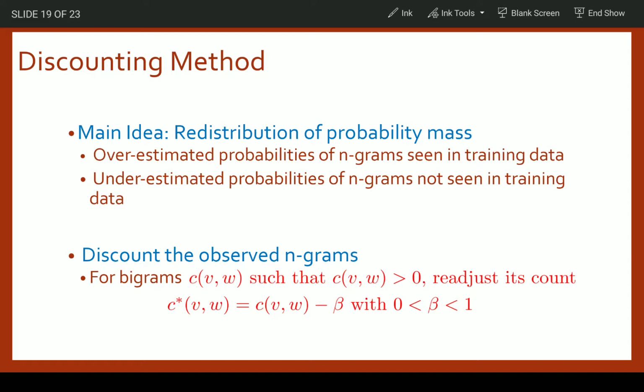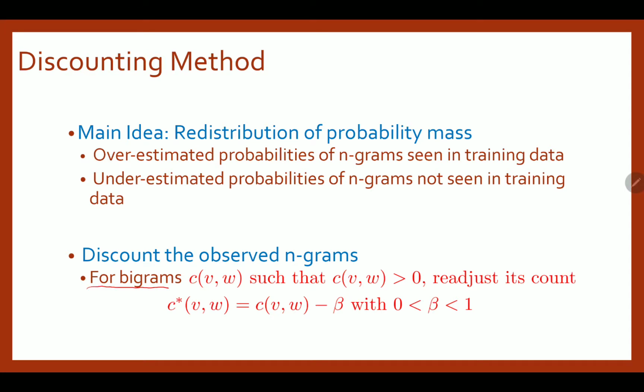And what we do is essentially in a step-by-step manner as follows. You first discount the observed n-grams. Let's try to understand this method with the help of the bigram example.